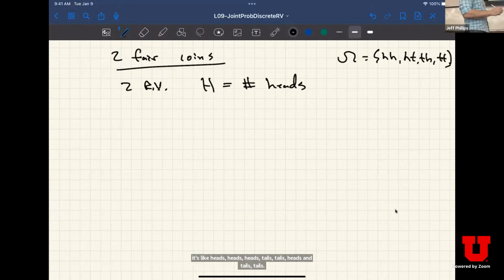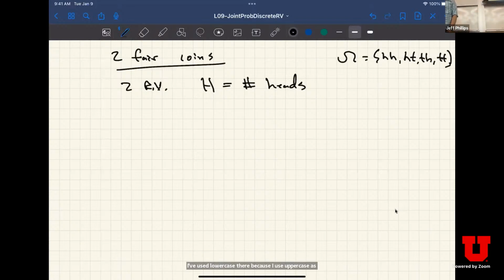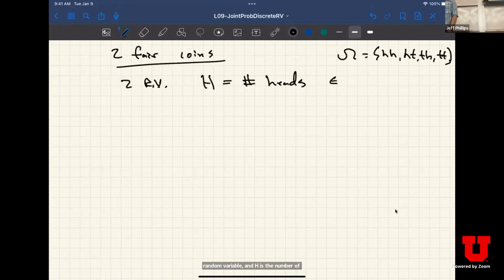I use uppercase H as the random variable, the number of heads, so this can take on values 0, 1, and 2. I'm also going to have a value B, which is the binary number representing the outcome.